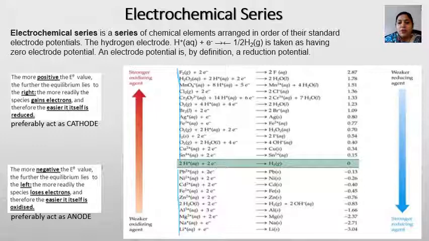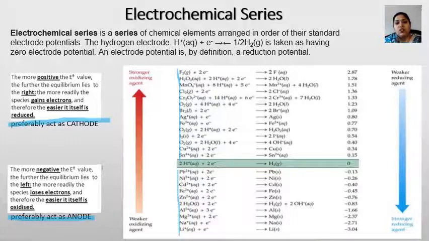On the basis of the electrochemical series, we can easily determine which element has a tendency to get reduced and which has a tendency to get oxidized as compared to hydrogen. Similarly, if the element has a good tendency to get reduced, it will act as the cathode, and if it has a good tendency to get oxidized, it will preferably act as the anode.